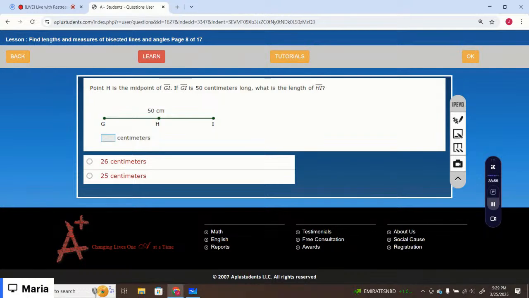Point H is the midpoint of GI. If GI is 50 centimeters long, what is the length of HI?